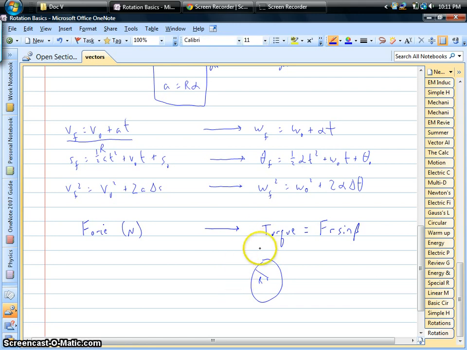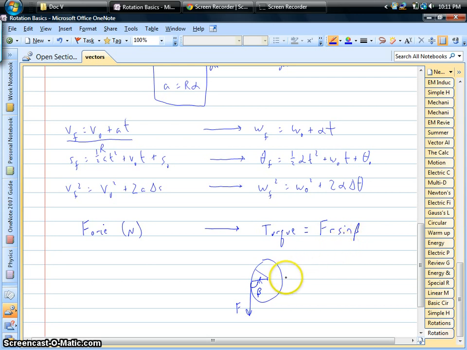Instead, you have to grab onto the rim of a wheel, let's say, and maybe pull down on it or push up on it. You need a tangential piece. That's what that angle refers to. That's the angle between that radius line and the direction of your applied force.